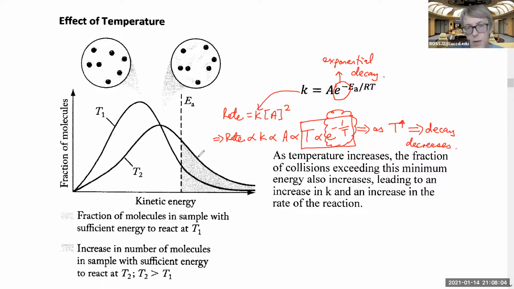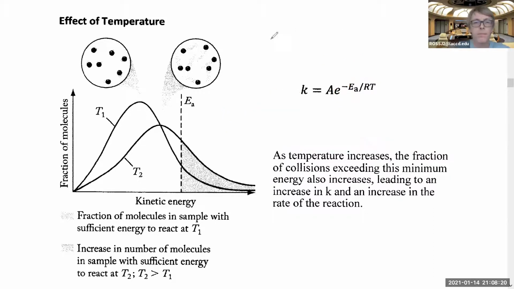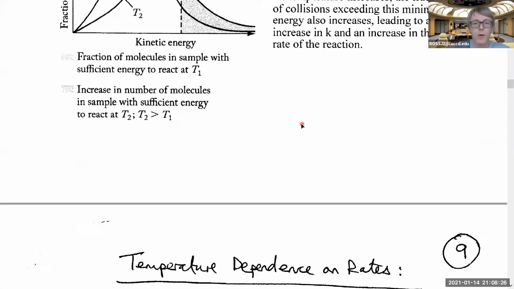It doesn't decay as quick, so the slope is less than it was here. Its ability to go to 0 is lower. Okay, so we have a greater fraction that's above the activation energy.